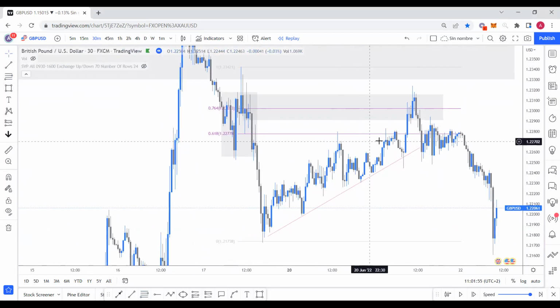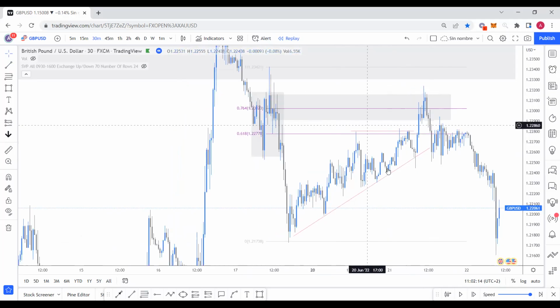This was yesterday's New York. This was Asia liquidity. New York and Asia liquidity, both of them, sorry. This was yesterday's setup. Yesterday's 60 pip liquidity grab was very similar to this.